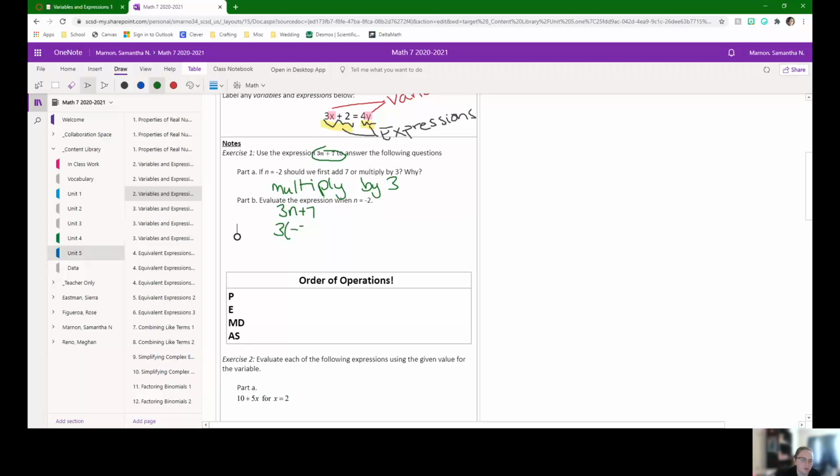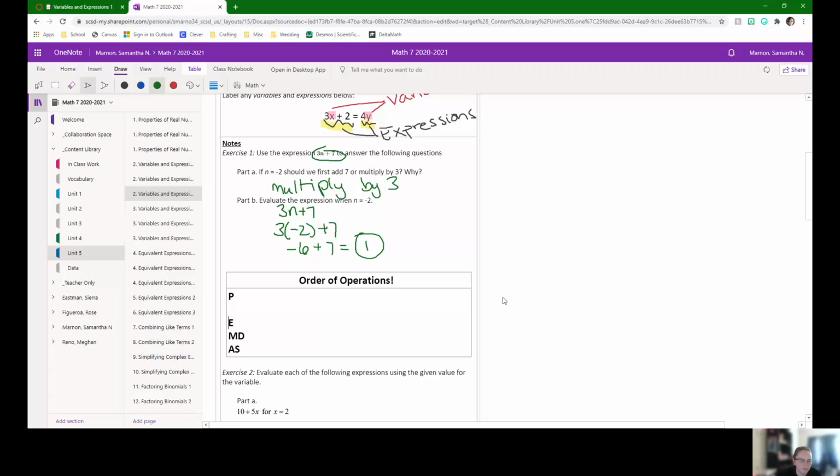We can just scooch them together with parentheses, and that still means times. So this is 3 times -2 plus 7. As we said in part A, we're going to multiply first. So 3 times -2 is -6. We still have the plus 7. -6 plus 7 is equal to 1.